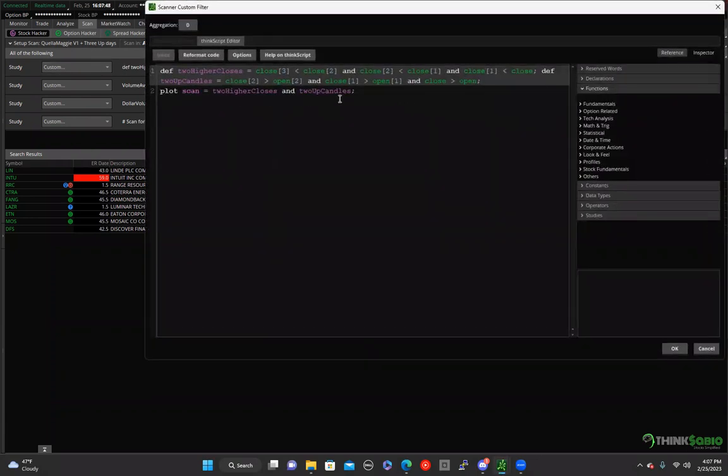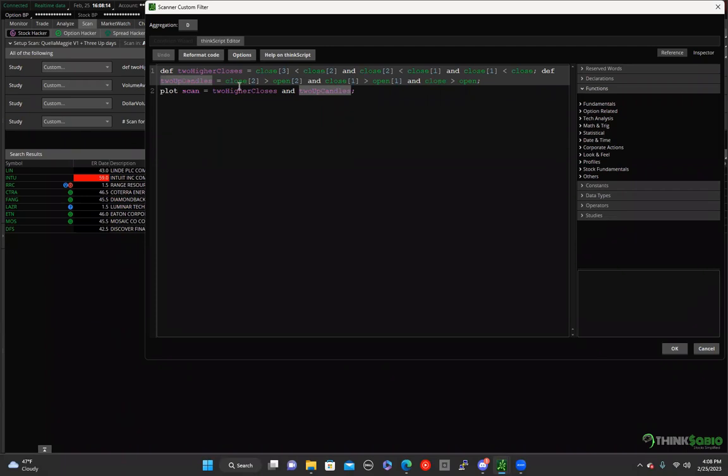If you expand it, I have defined a criteria where close 3 stands for 3 days ago from today, and that close should be less than close 2, which is 2 days ago, and then close 2 should be less than yesterday's close, close 1, and close 1 should be less than today.